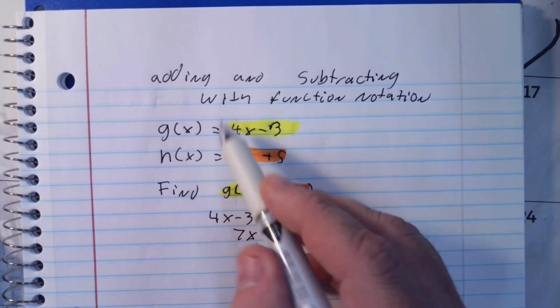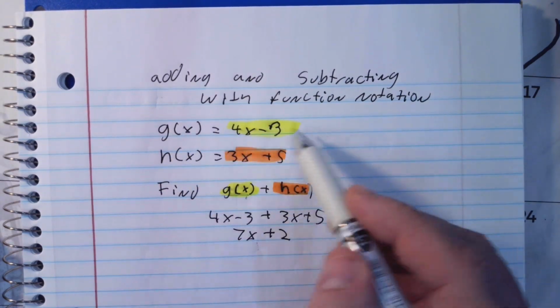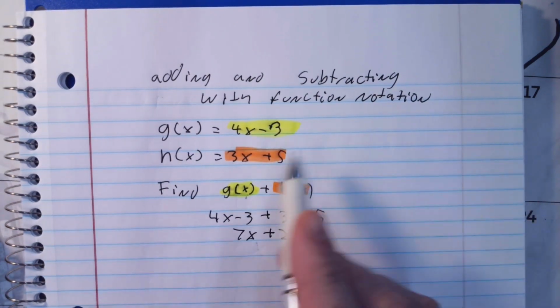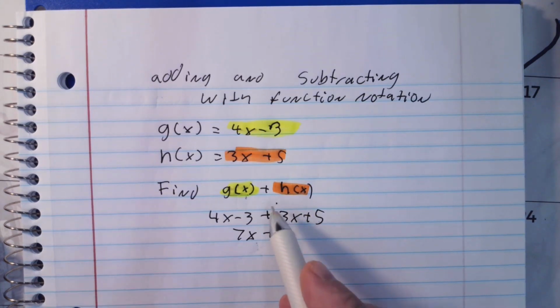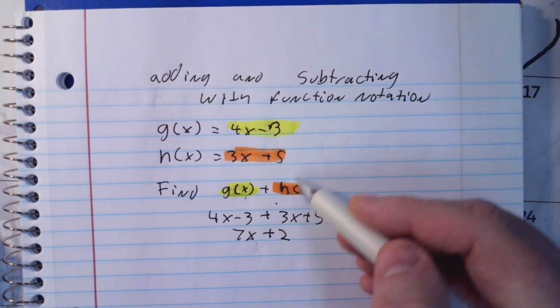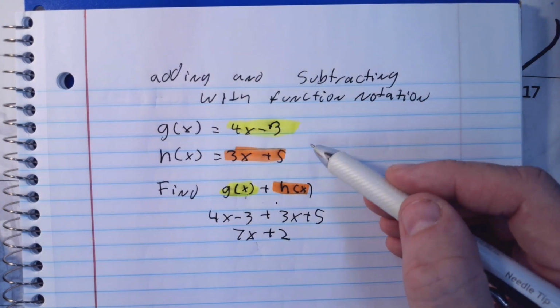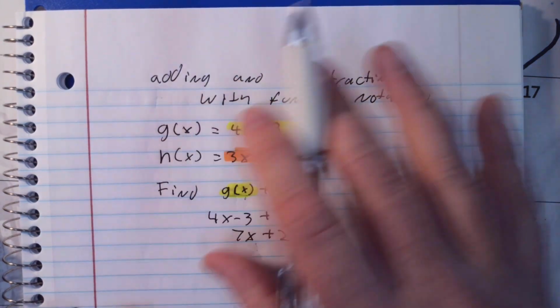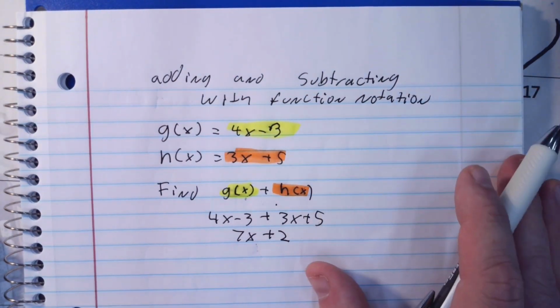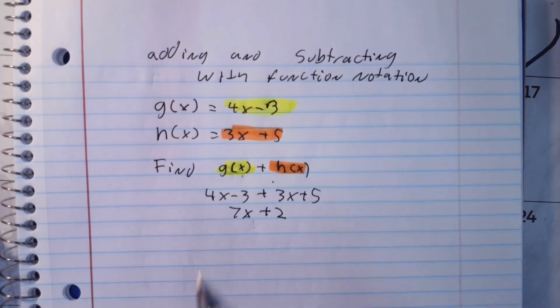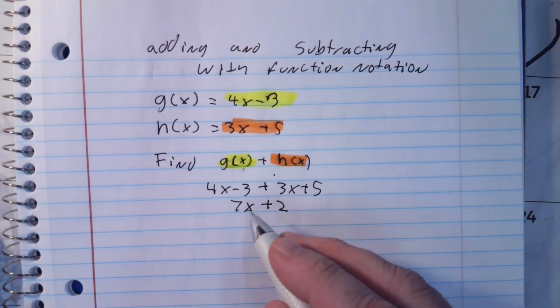Maybe your g(x) algorithm and your h(x) algorithm are minding their own business, but all of a sudden they come together. And so you have to have some way to do that. This just saves a lot of writing. You can imagine what it'd be like if it's a lot more complicated. We're just not going to do it. And I don't want to confuse you by making it more complicated.